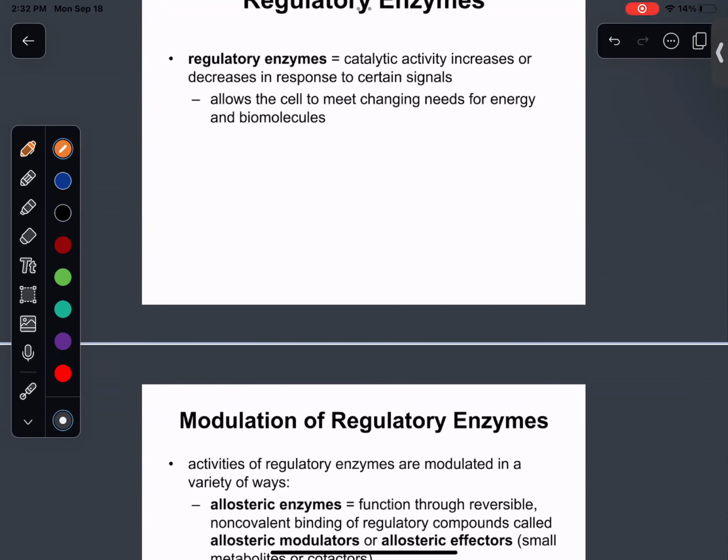For example, if the cell is starving, it'll act in one way. If the cell is fed and thriving, it'll act in another way. Are there a lot of food and nutrients available, or is it fighting for its life? Depending on those circumstances, the cell can make changes via these regulatory enzymes to help meet its needs. Pretty straightforward.